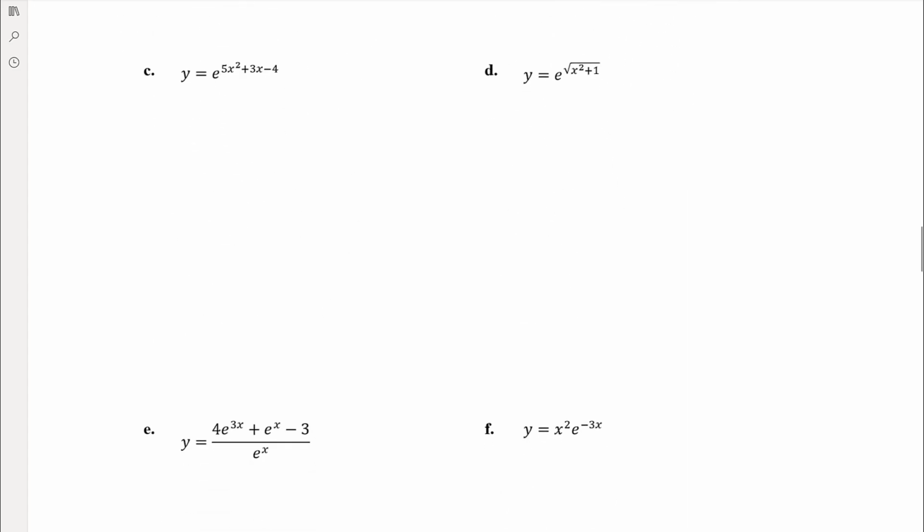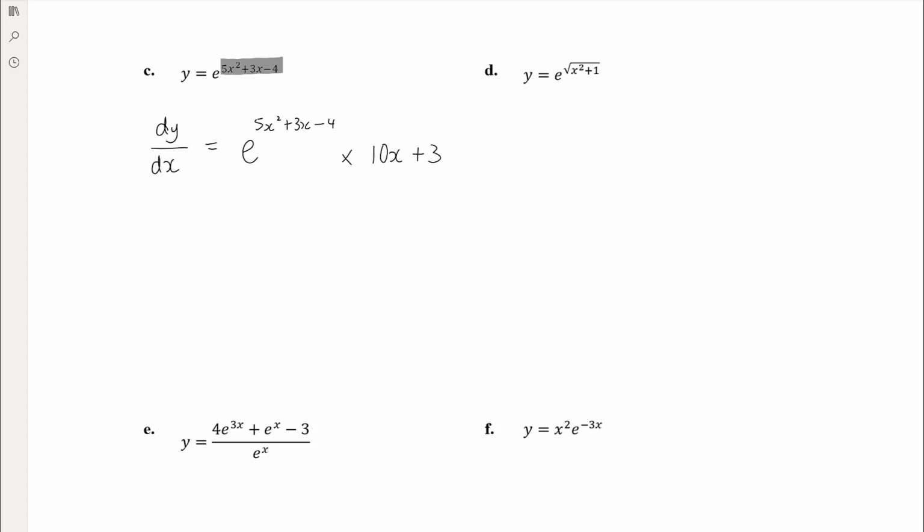Okay, part C, we've got a chain rule. So again, you're thinking about e to the power of this quadratic. The derivative of e to the power of something is still e to the power of something, so it'll be e to the power of 5x squared plus 3x minus 4, but then we need to multiply by the derivative of that something, so the derivative of 5x squared plus 3x minus 4, which will be 10x plus 3.